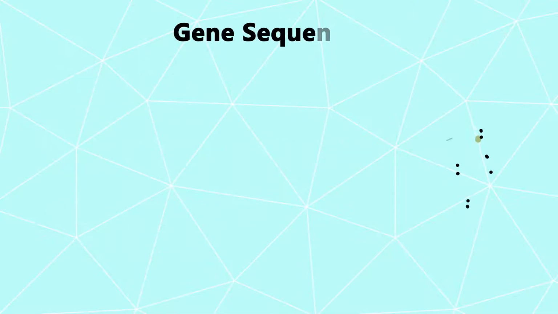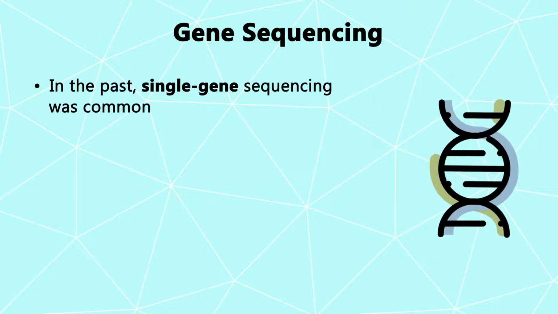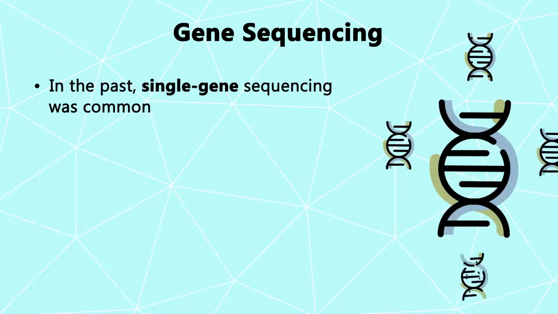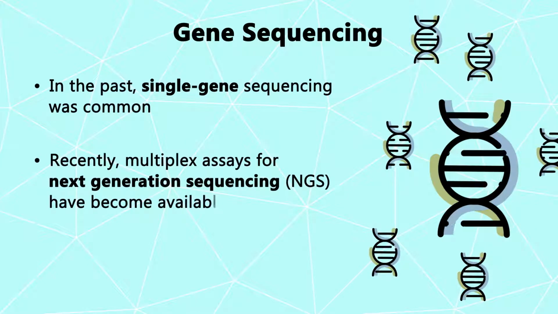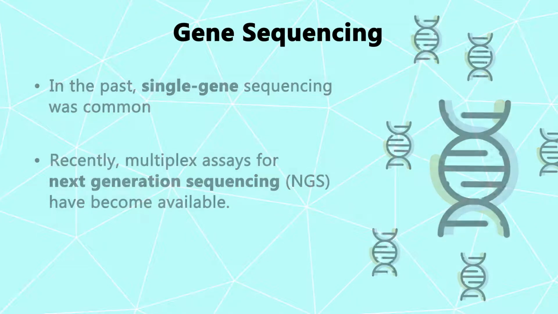In the past, single gene sequencing was common, but more recently, as the number of approved targeted therapies for specific biomarkers has increased, so has availability of larger multiplex assays for next-generation sequencing, or NGS.